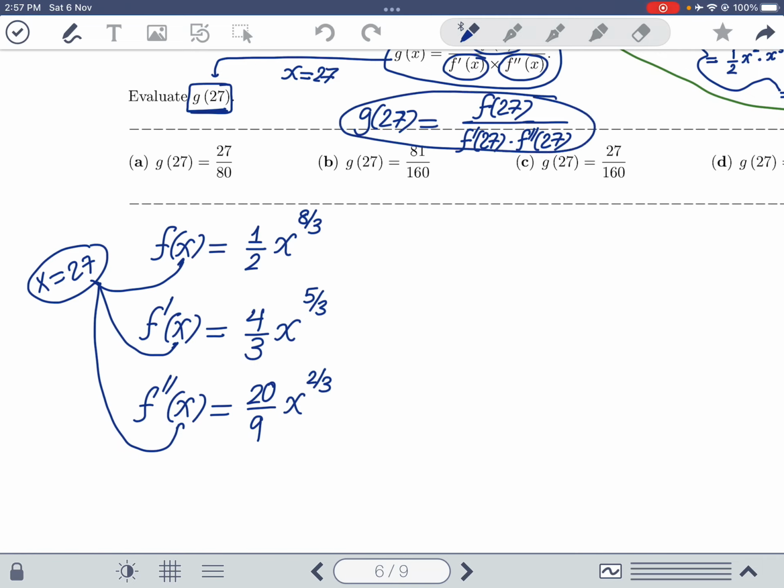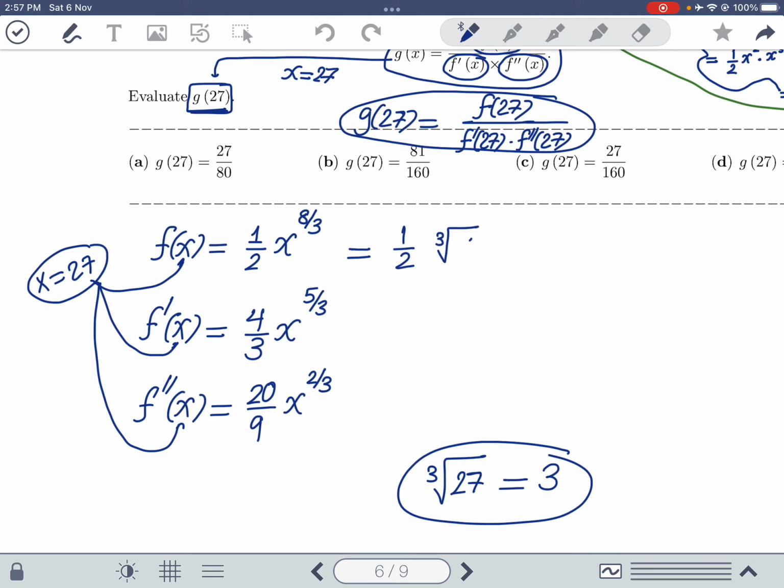But notice that we know something. The cubic root of 27, we know that it's equal to 3. If you didn't know, it will not affect you that much, but then it will be just a little more complicated to deal with powers. But notice that here, this means that this is 1/2 cubic root of x to the power 8.